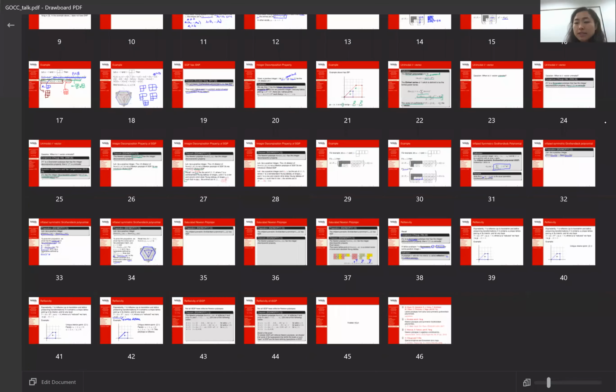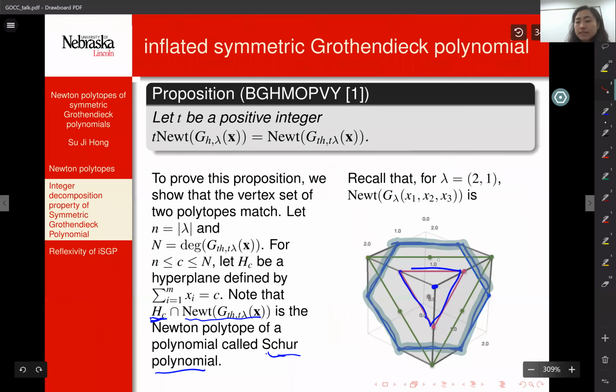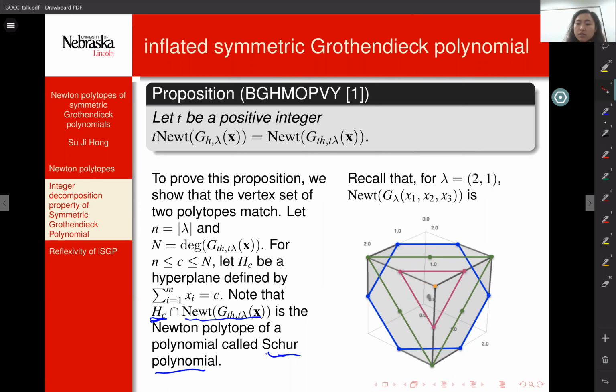What we notice is that when we look at the facet defining hyperplanes of this new polytope, it's really hard to tell, but the top layer is going to be a facet of one of these Schur polynomials, on one of these layers, which are Schur polynomials.